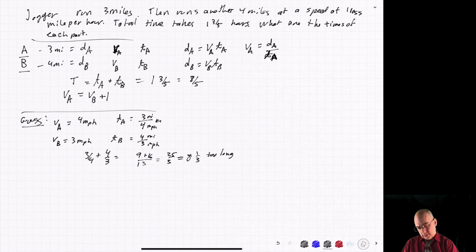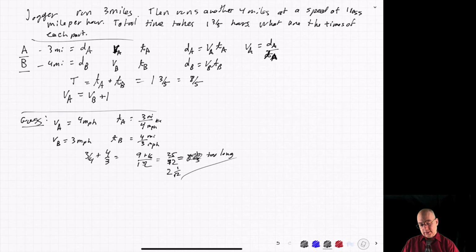Oh, yeah, because that's over 12. There we go. I knew it wasn't right because 3/4 plus 4/3 should not be that big. 25 over 12 should be, so that's like 2 and a 12th. Right? It's still too long.